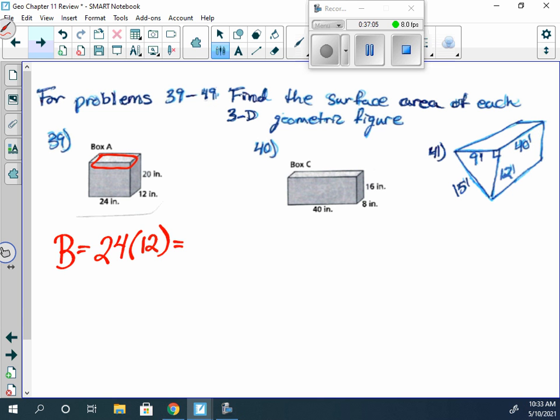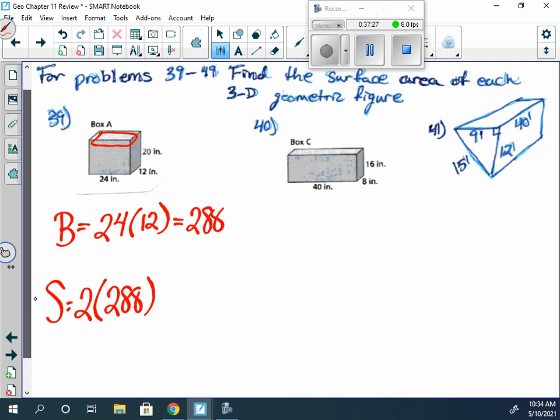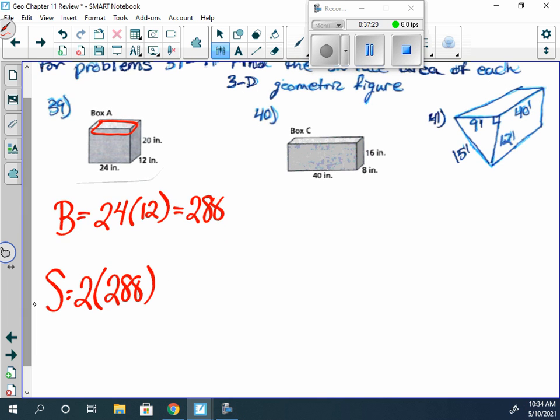And if we do 24 times 12, we get 288. So that gives us the area of the bases, and we have 2 of them, so we have to multiply it by 2.